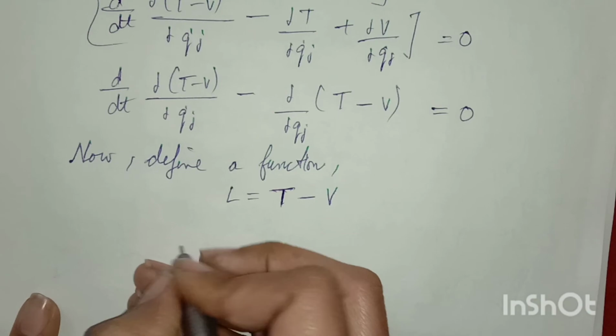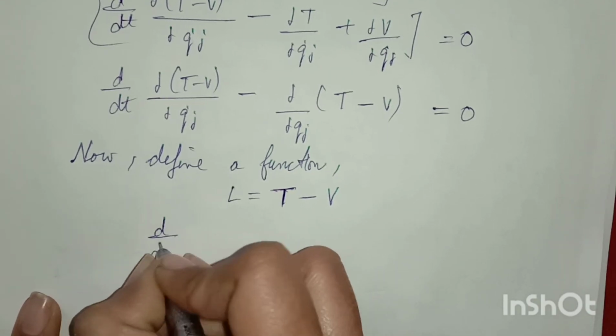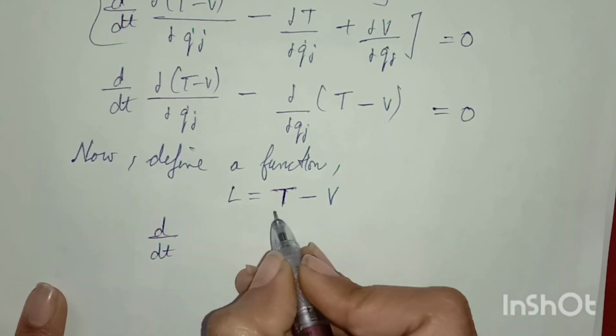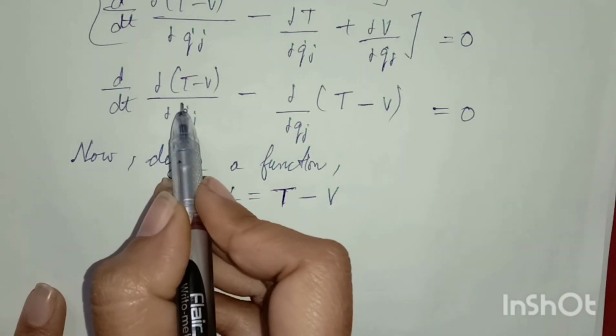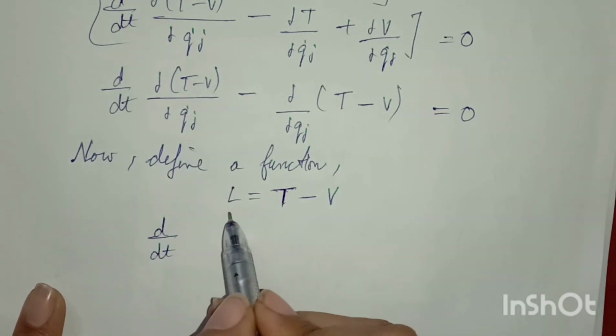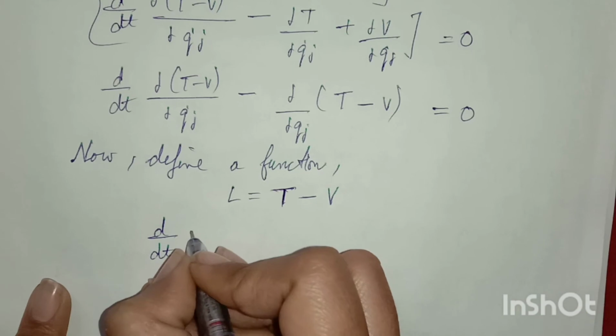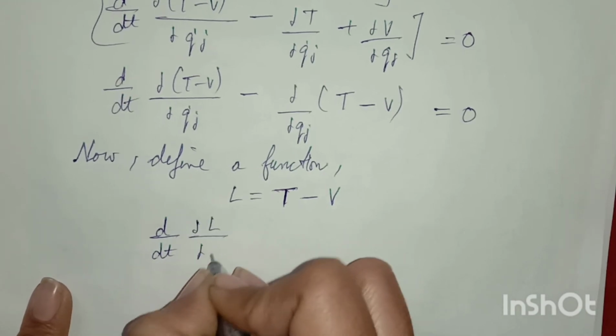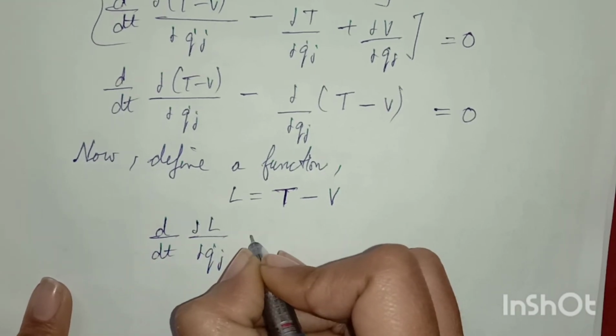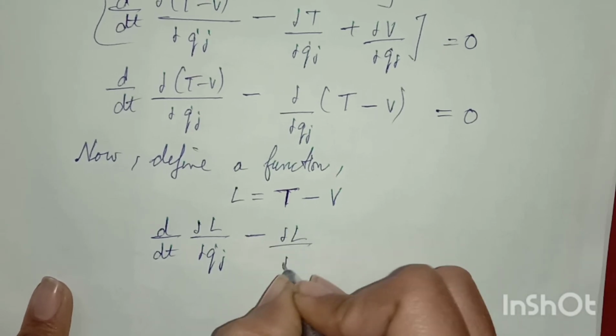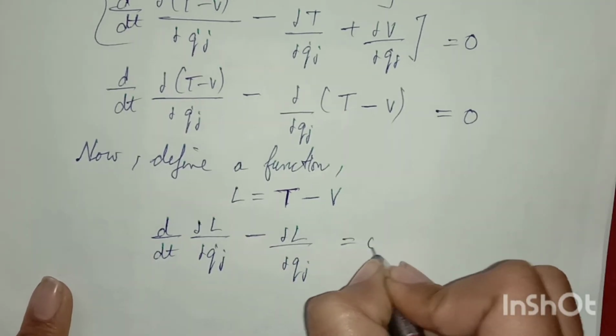So we can write d/dt of L, which is equal to T minus V. Where T minus V, we can write L. So d/dt of ∂L/∂q̇_j minus ∂L/∂q_j is equal to 0.